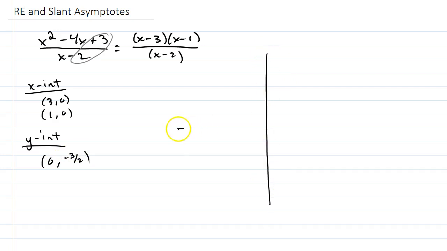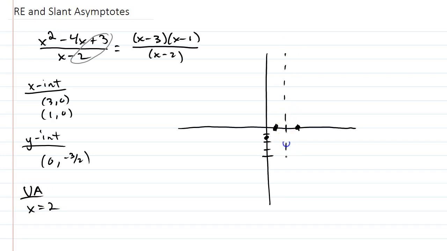Already, I can be sketching what this is going to look like. (1, 0), (3, 0), and I know negative 3/2 is, if I mark it off, about negative 1.5 right there. Okay. Vertical asymptotes are going to be when the bottom is 0. That's when x is 2. So I'm going to have a vertical asymptote right at 2.